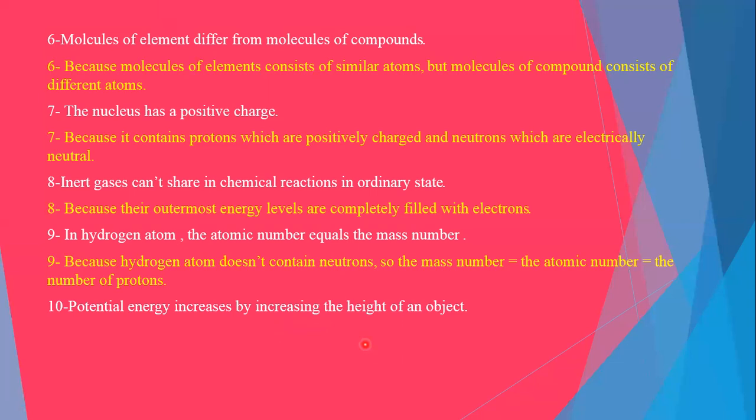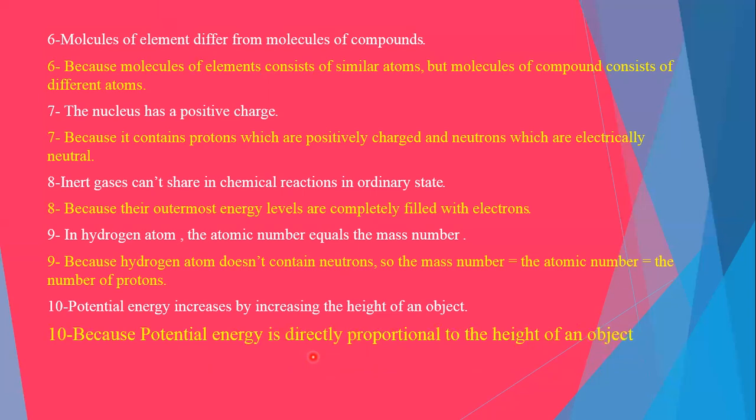When one increases and one decreases, the relation between them is inversely proportional. So here potential energy increases when height increases, because potential energy is directly proportional to the height. No problems. The reason is potential energy equals weight times height.